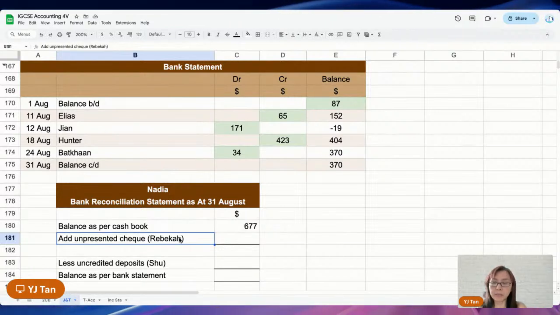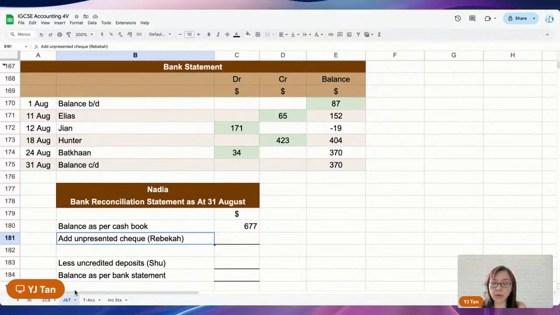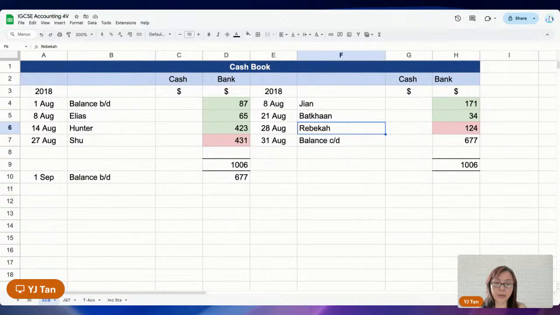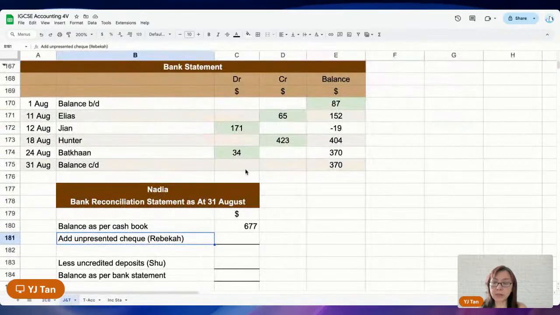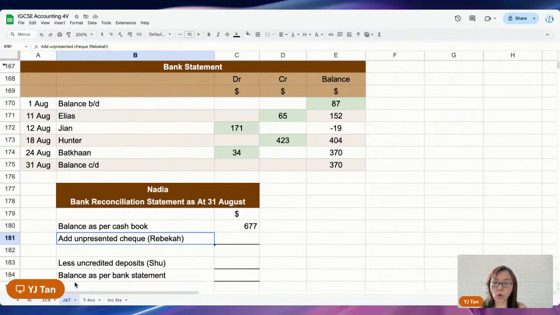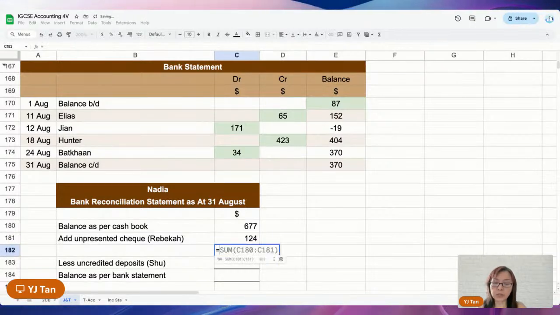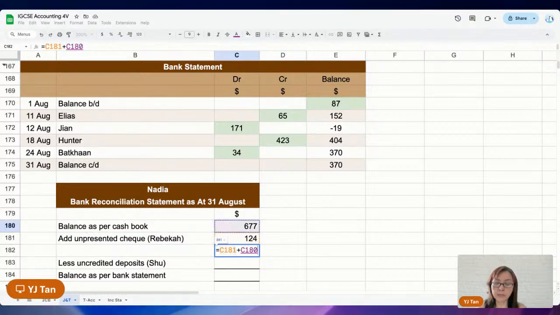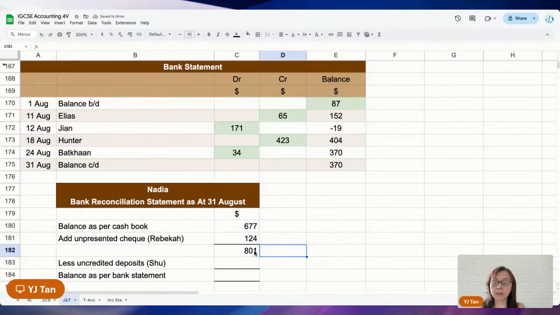Unpresented check means here, in my record, I already paid Rebecca 124, but in the bank statement it didn't show at all. So 124, we have to add it here. Then we add these two amounts together, and it's 801.